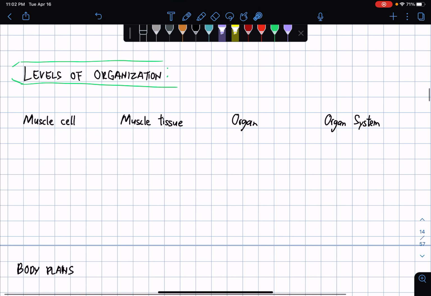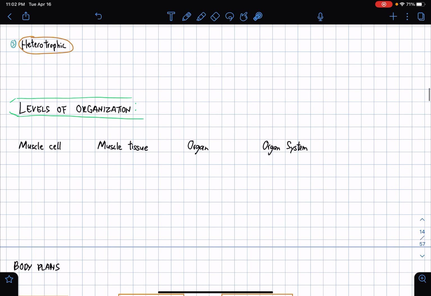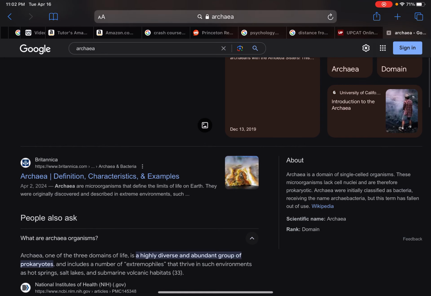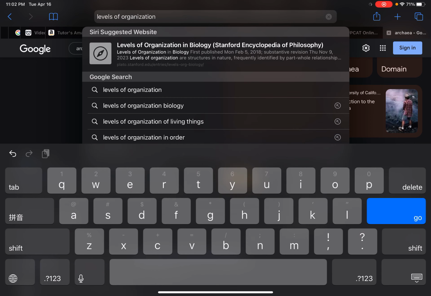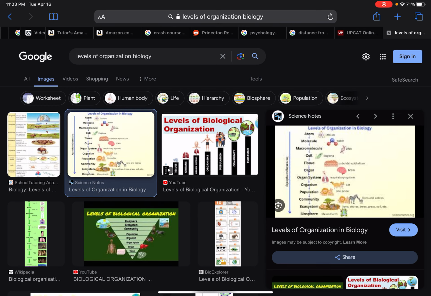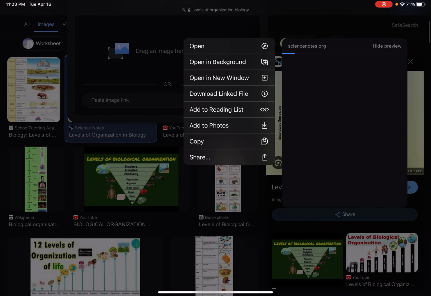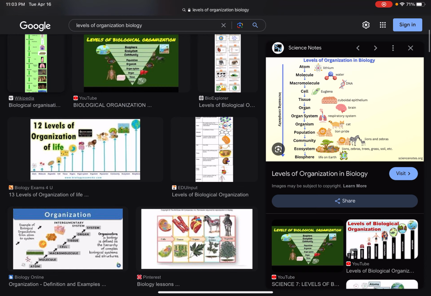Okay. Levels of organization. So we have muscle cell, muscle tissue, organ, and organ system. Let's search for a picture to better visualize it. Okay, this picture is more inclined in the specifics.